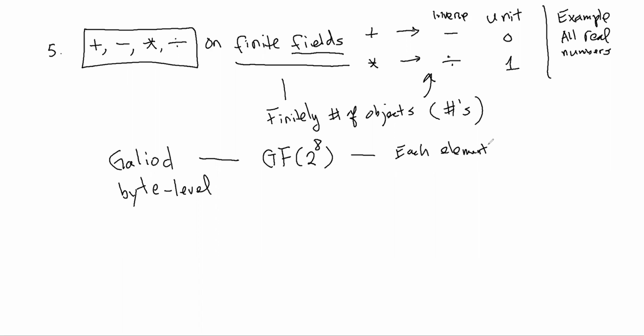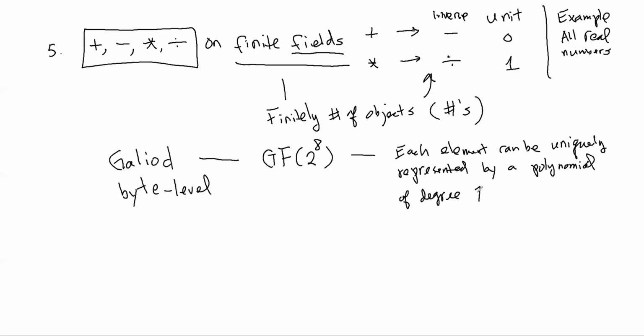Each element in this field can be uniquely represented by a polynomial of degree 7 with coefficients. Let's call them bit coefficients.